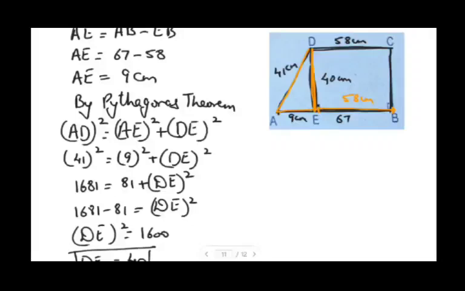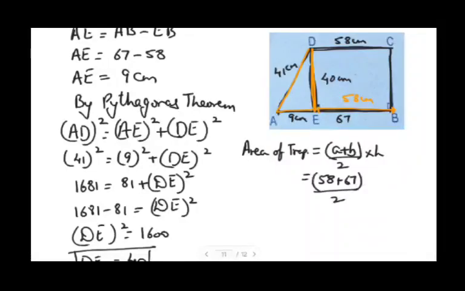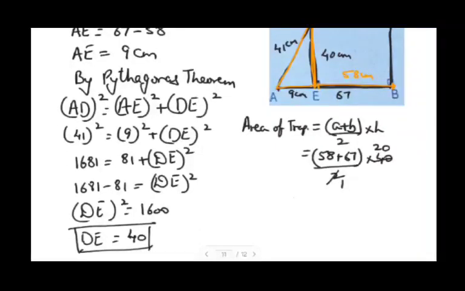Now, easy to find the area. Area of trapezium, writing the short form, A plus B upon 2 into H. A plus B. A is 58, B is 67 upon 2 into the height, which is 40. 2 20s are 40.